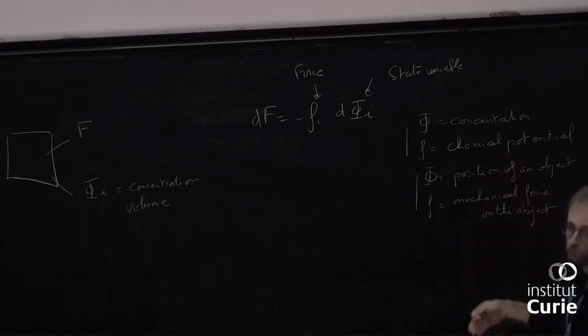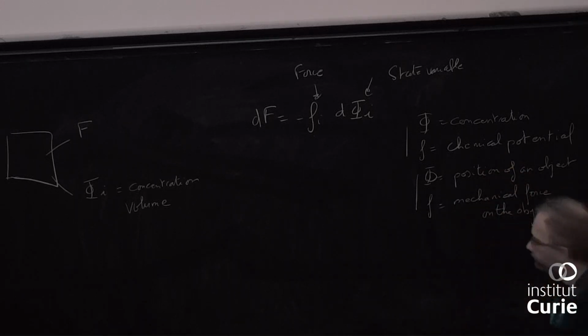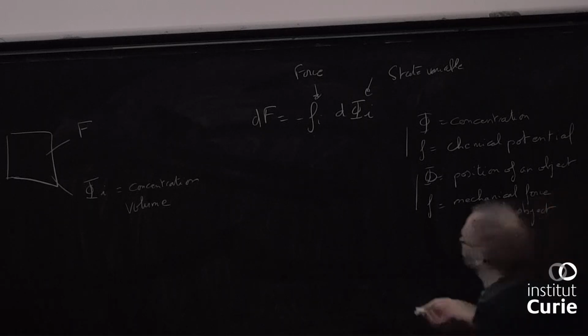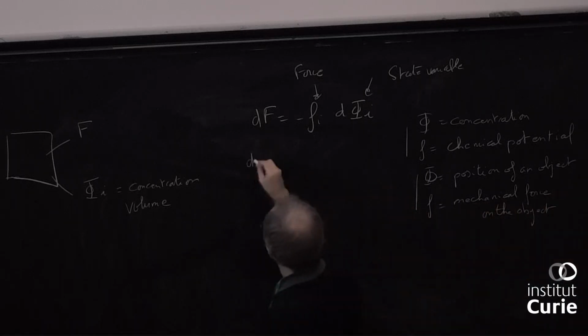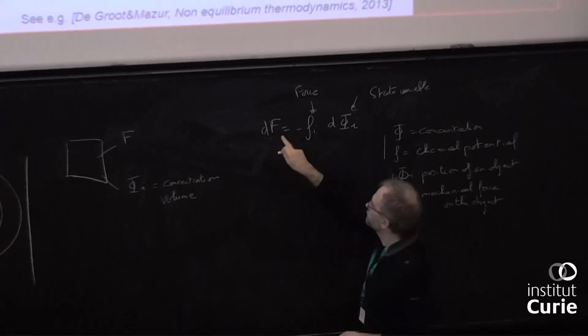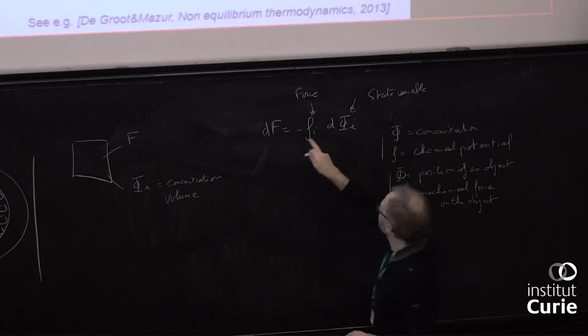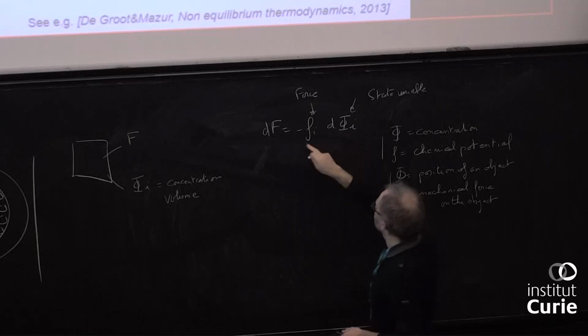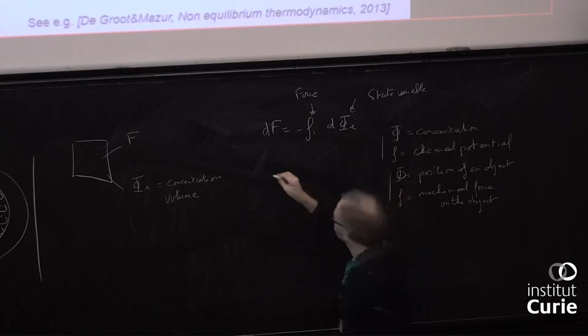We can continue the list like this, but in thermodynamics, there is the idea of having the state variable and the forces which are conjugated to them. That's just a basic definition saying that the differential of the free energy can be expressed in this way.